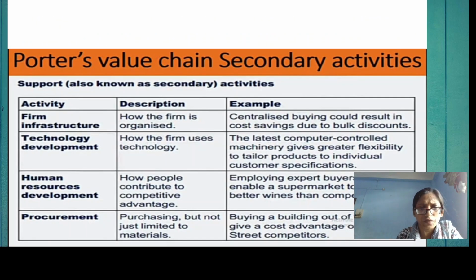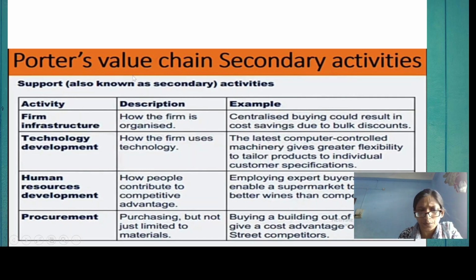These are secondary activities. Here, in every aspect we will see how we can save cost. Like we can do bulk buying, so that we get the economies of scale advantage and huge discounts.